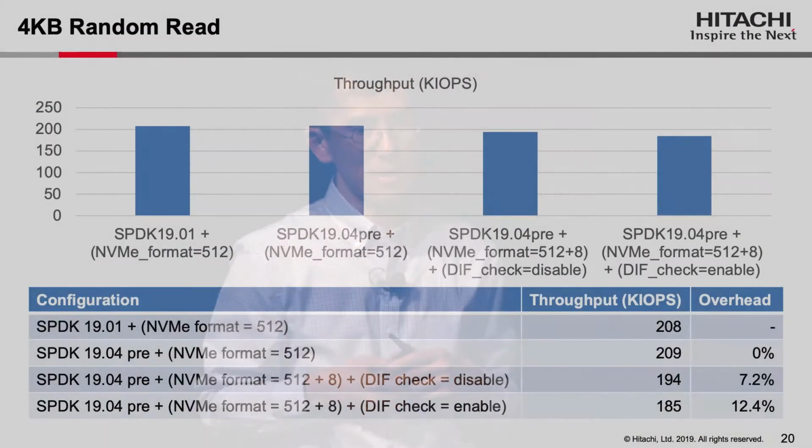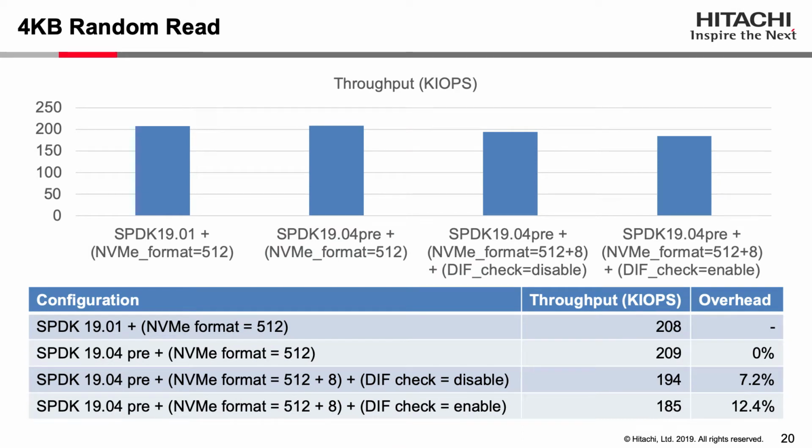And this page shows the 4 kilobyte random read, and the same as write, the performance of 19.01 and 19.04 was the same when we don't use any feature of DIF.